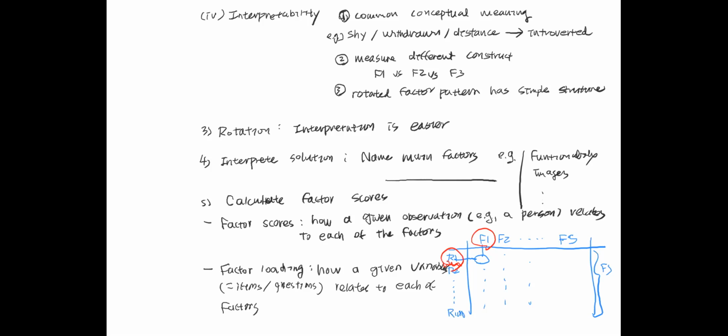So if I draw the factor loading matrix quickly again, the columns should be F1 through F5, and the rows are variable 1, variable 2, and so on. Again, variable equals item equals questions. From our example in the slide, this was product quality and e-commerce.